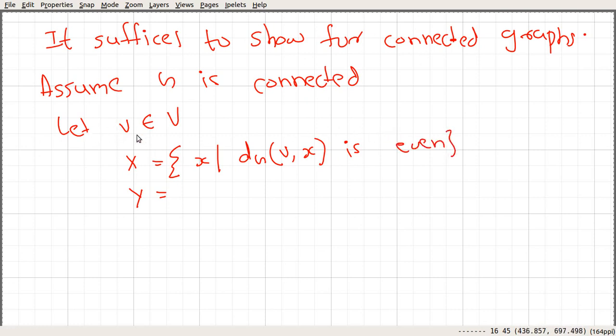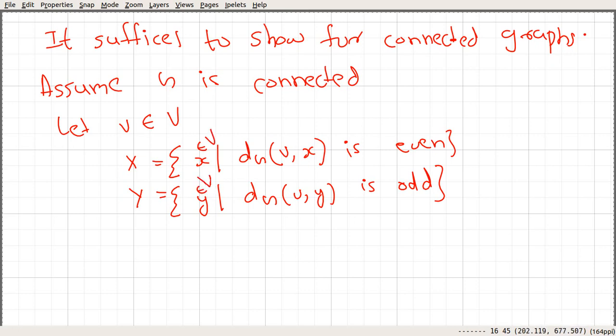We are considering an arbitrary vertex V, and we are going to build X and Y, and after that we will see that it forms a partition. Y is going to contain all y's such that the distance between V and y is odd. So we are building these two sets in this way, and this set contains all the vertices in G, so this is an element of capital V, and this is also an element of capital V.